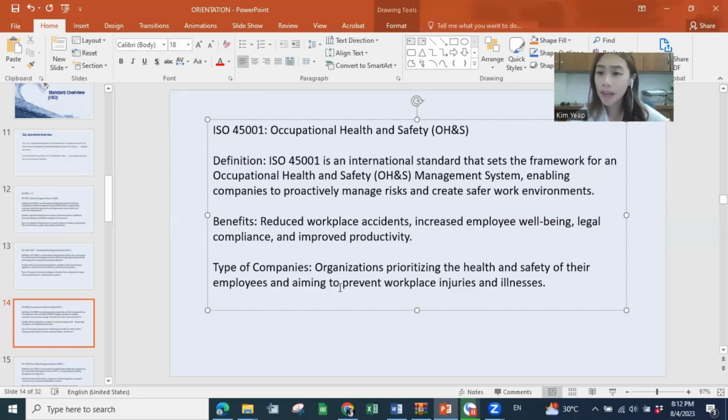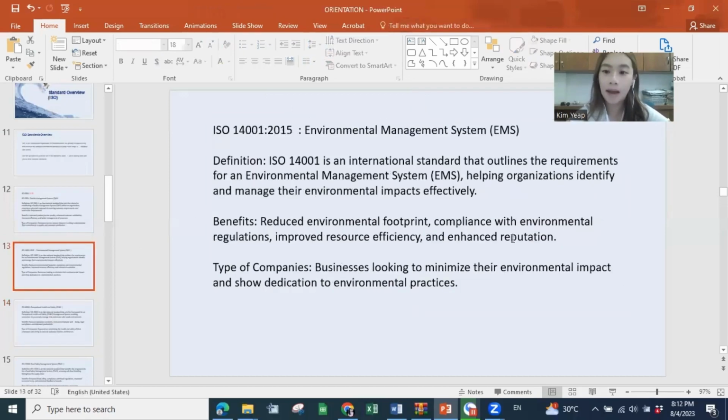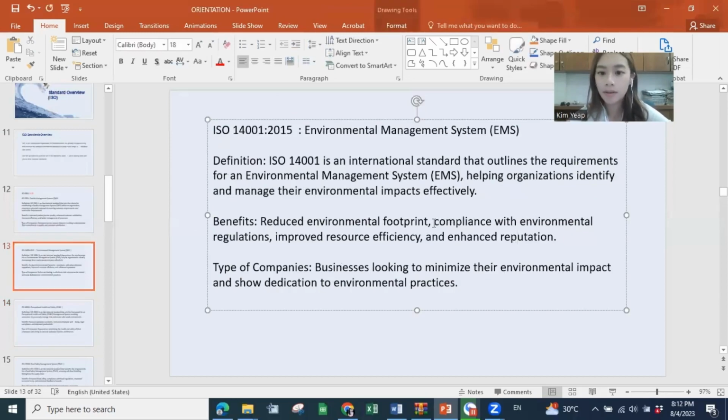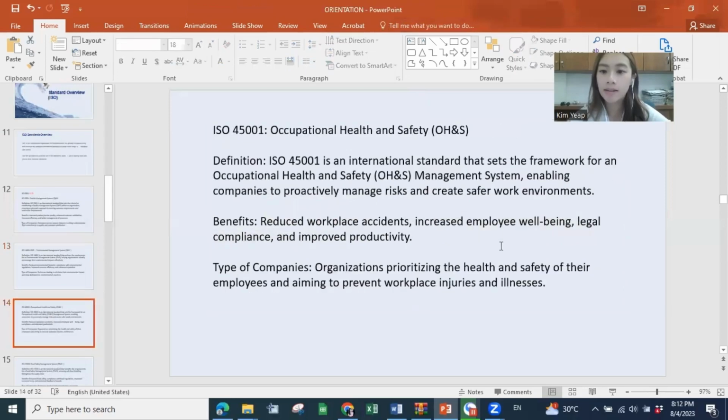Okay, what can it actually help them to achieve is to reduce workplace accidents, increase employee well-being, legal compliance, same goals. This one is compliance with the DOSH. In Malaysia, that's a department that takes care of workplace safety.